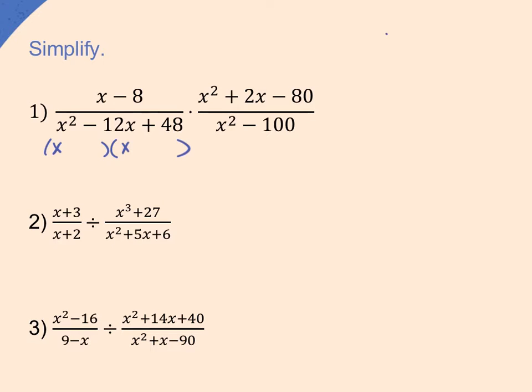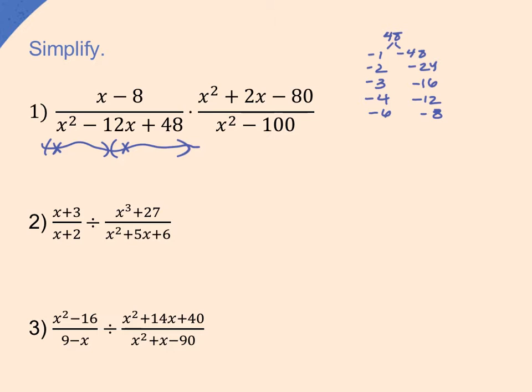If I go through them all, 1 and 48, first of all, both of them have to be negative, right? Negative 2, negative 24, negative 3, negative 16, negative 4, negative 12. 5 does not go into it. Negative 6, negative 8. 7 does not go into it, and 8 is back to the beginning. So this is actually prime.